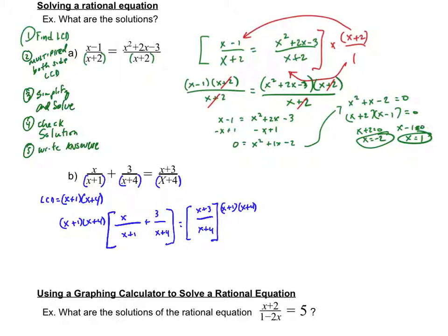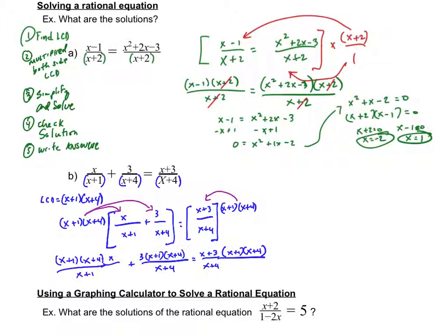All right, now that I have set up that multiplication, I'm going to go ahead and do the distributive property. We're going to distribute this to both terms, and then on the other side of the equation, we're going to distribute that to that term. Now that we've distributed that multiplication, we can cancel out some of our expression.